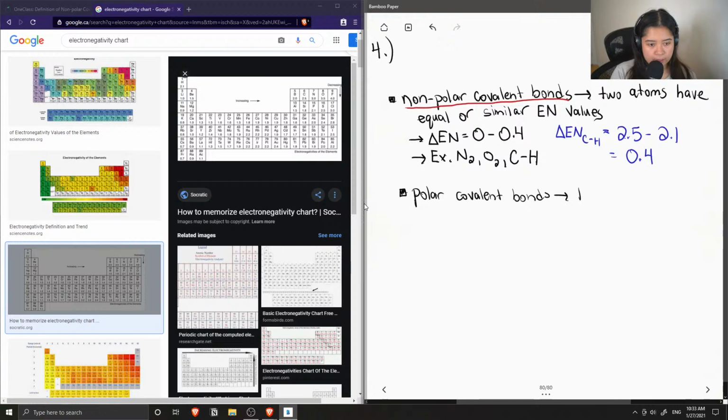And as you can guess, this is when you have two atoms that have dissimilar electronegativity values, leading to a dipole moment.